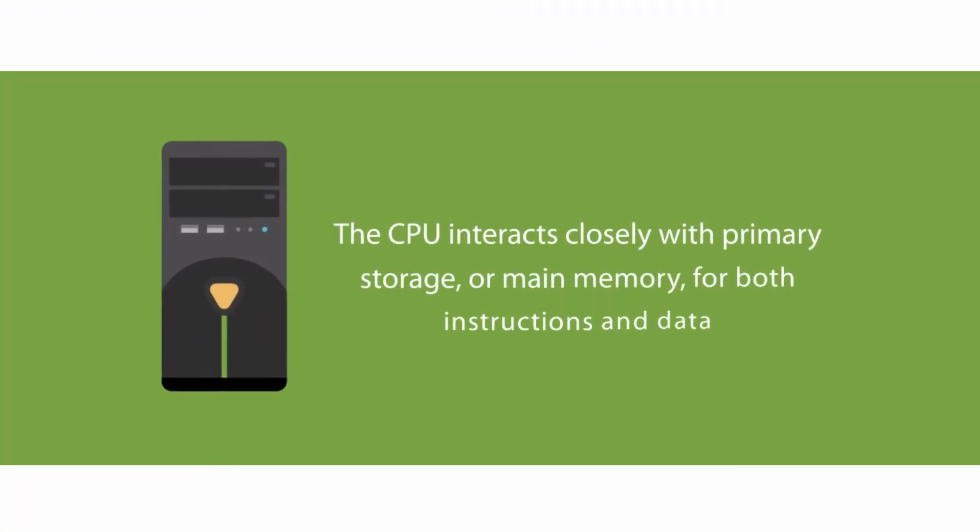And obviously some communication devices are also attached, like a modem or some other things, with your computer system, maybe wired or wireless. So, if you have a wired internet connection, then obviously you will have an internet connection port also. So, the CPU interacts with the primary storage, that is your primary memory or main memory, for both data and instruction as per the basic principle of von Neumann architecture.